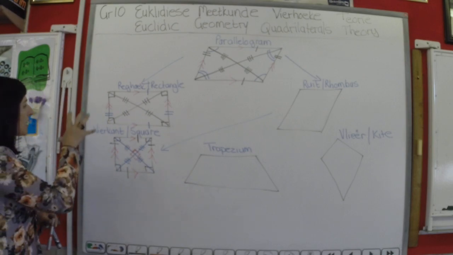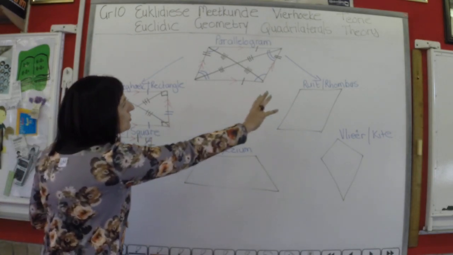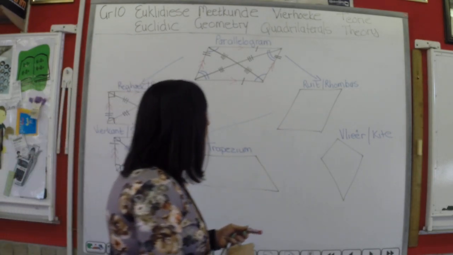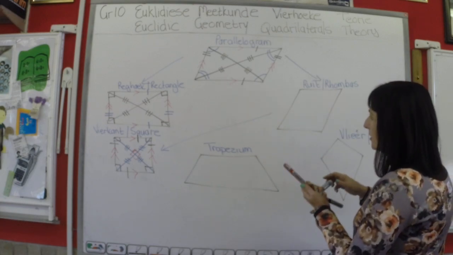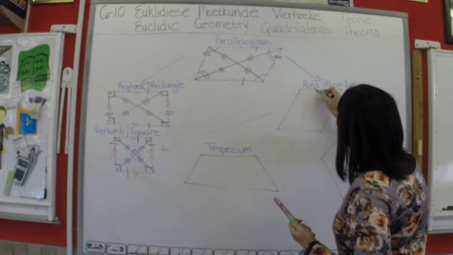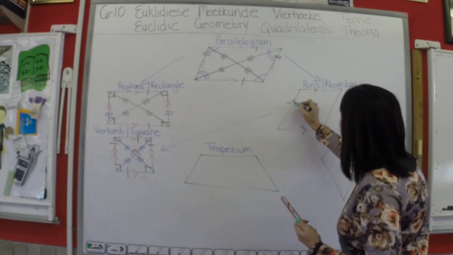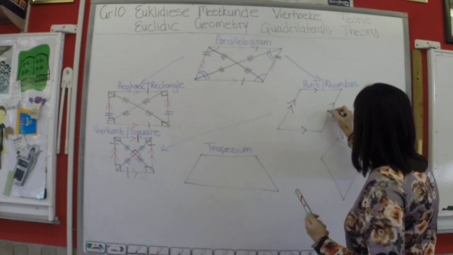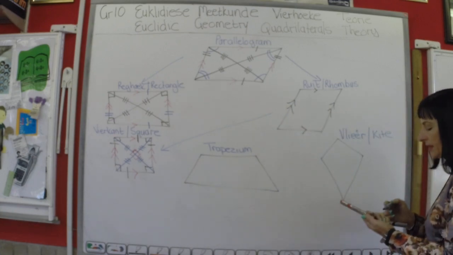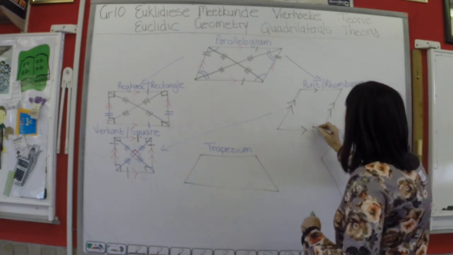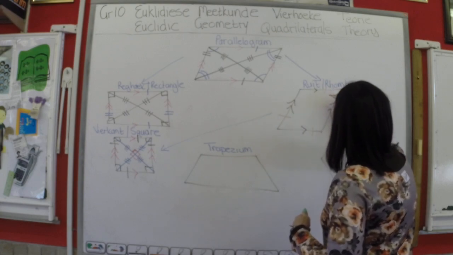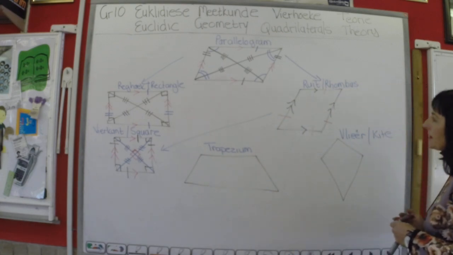So let's go from the square now to the rhombus. Nou 'n ruit dra dieselfde eienskappe van 'n parallelogram, met ander woorde, sy oorstaande sye is ewewydig. Opposite sides are parallel. It shares the property of the squares that all the sides are equal in length.